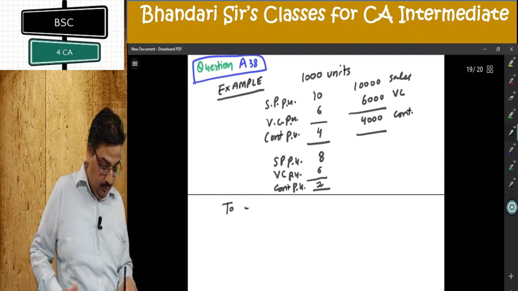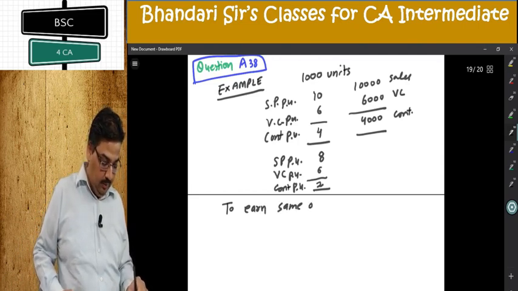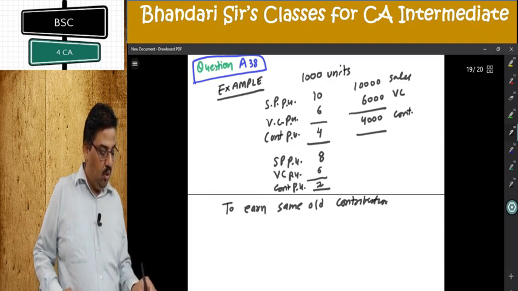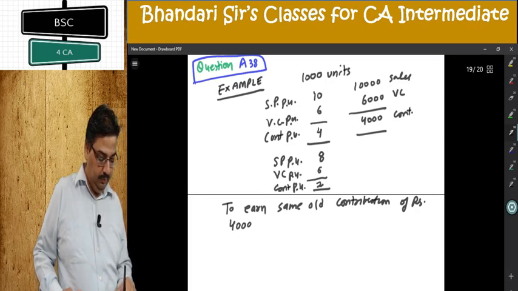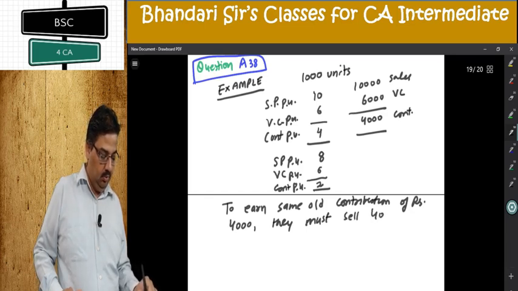To earn the same old contribution of rupees 4,000, they must sell 4,000 divided by 2, which is 2,000 units.